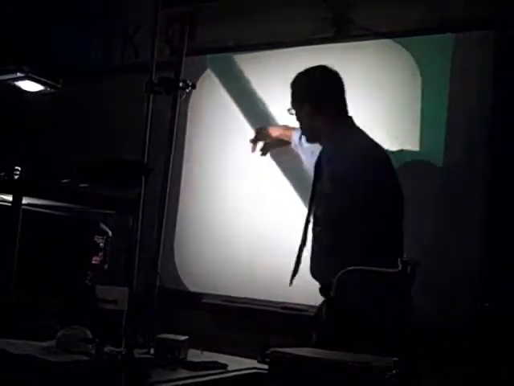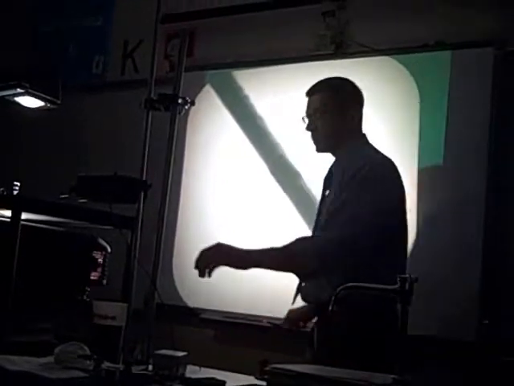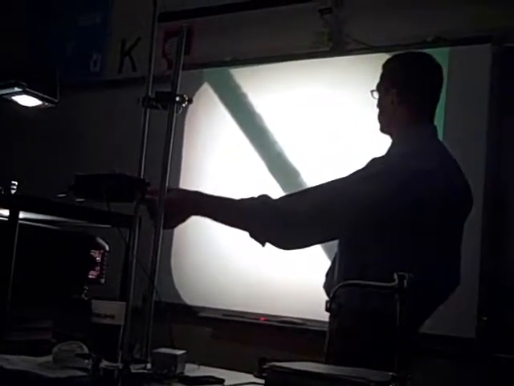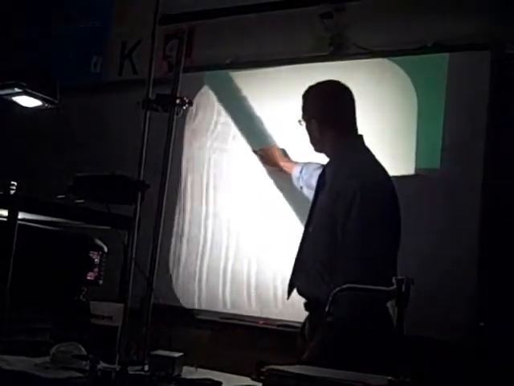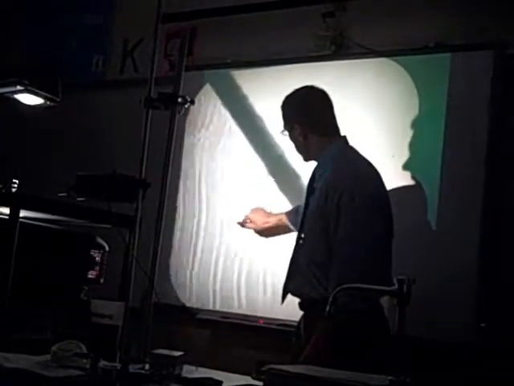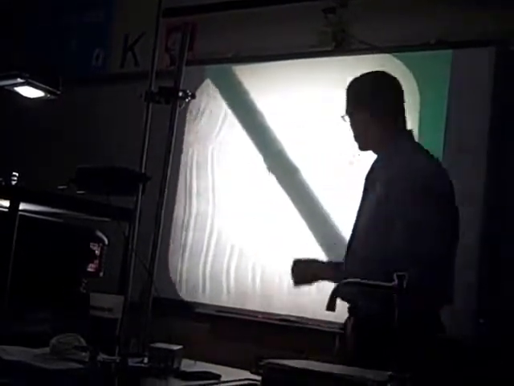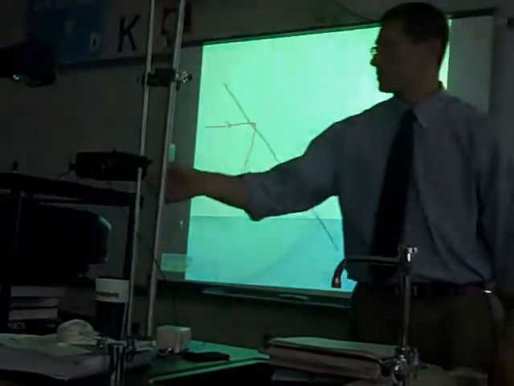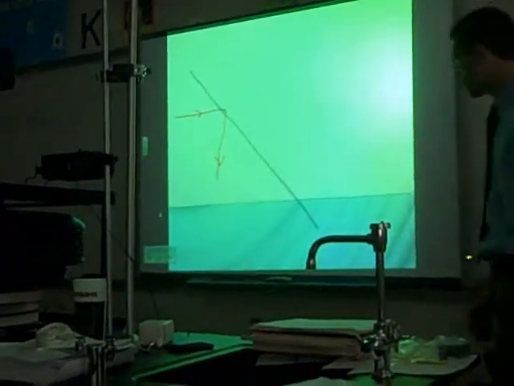And then if we focus now on the reflected rays, they're coming down about like this. So let me draw that in. About like that is the reflected ray. Pretty much like that.